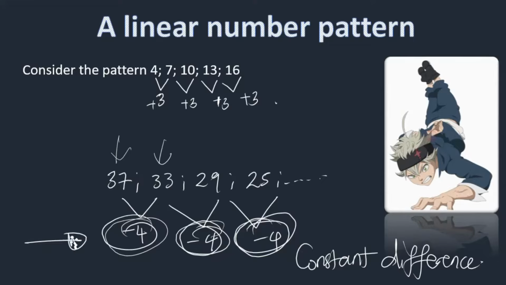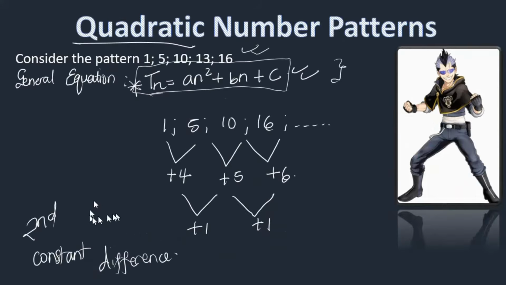Just the first difference was a constant difference. But with a quadratic pattern, the second difference is the one that has a constant difference, which means the value that I'm adding here is the same value I'll add here, the same value I'll add here, the same value I'll add here. But that only happens in the second difference, right?